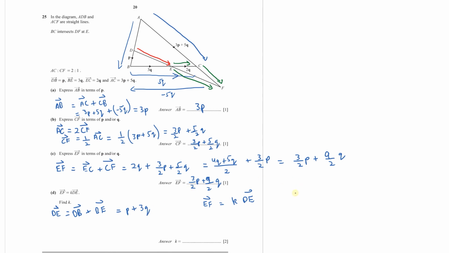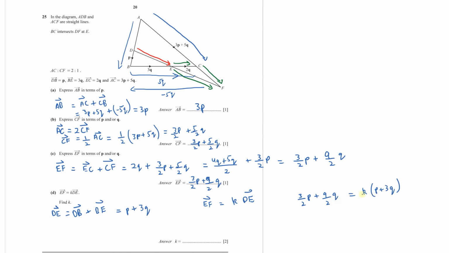EF is 3 by 2P plus 9 by 2Q equals K times DE. K times what is DE? P plus 3Q. K times P plus 3Q. And from here, I can actually find the value of K.